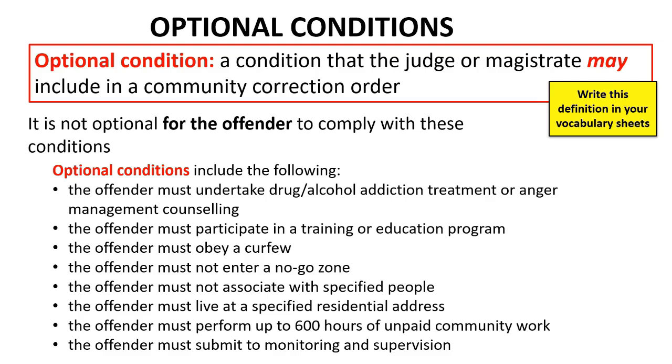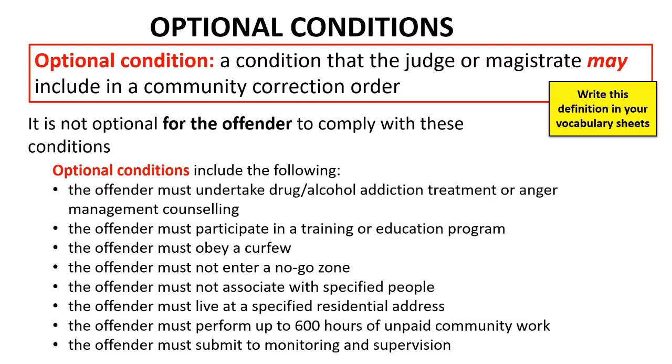Likewise, where an offender has been convicted of an offence that is caused by their inability to control their temper, for example, where the offender has assaulted another person in a fit of rage, then an optional condition might require the offender to undertake anger management counselling.